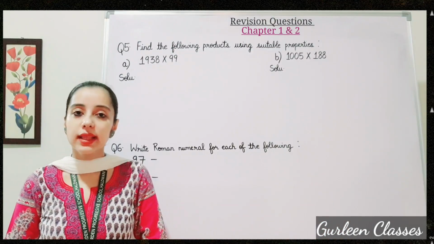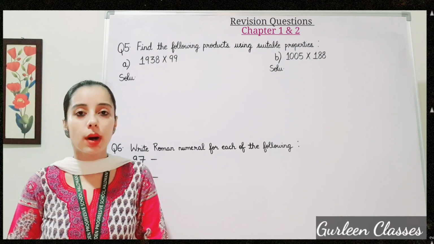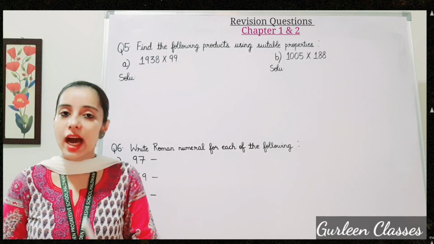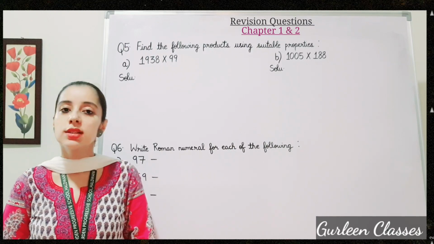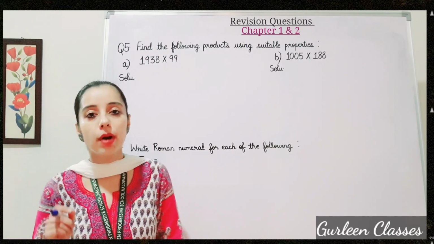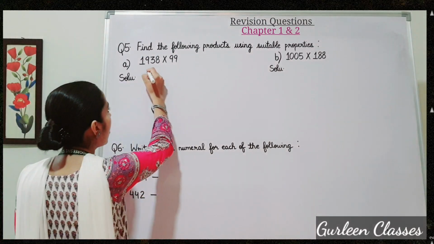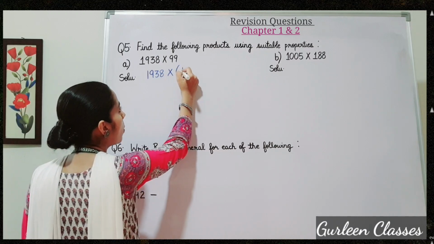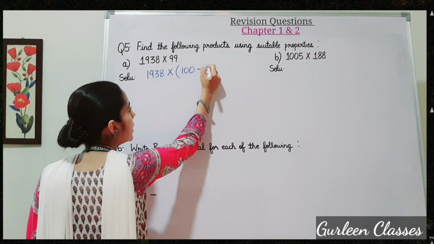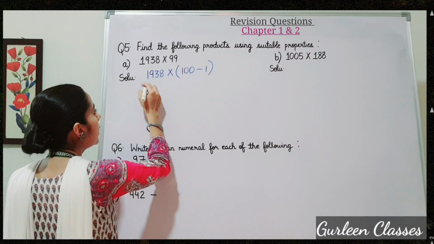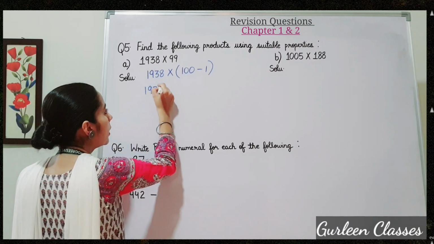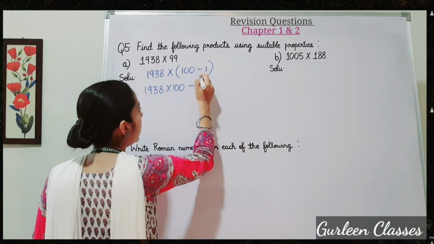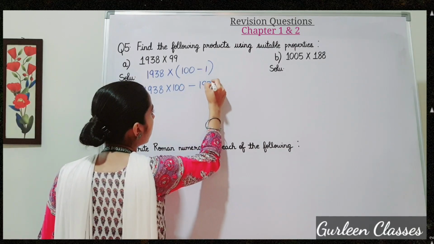Question number 5. Find the following products using suitable properties. A bar 1938 into 99. We have to use here suitable property. So this question can be done by distributive property over subtraction. Why? Because 99 can be break as 100 minus 1. Now open the bracket. 1938 into 100 minus 1938 into 1.